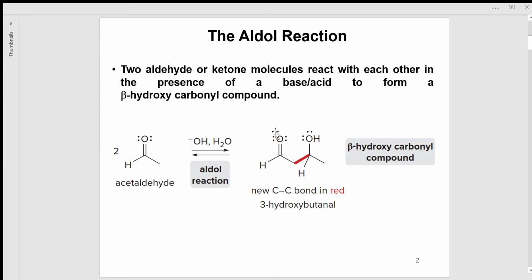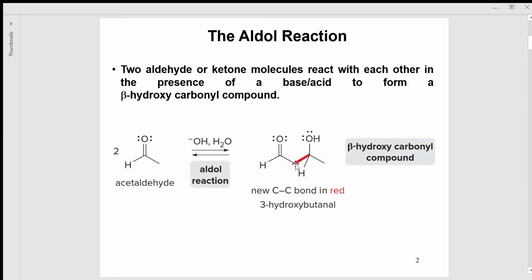This new molecule also has a carbonyl group plus the hydroxyl group here. This is called a beta hydroxyl group. Why is it called a beta hydroxyl group? Because we use the carbonyl, the functional group of the starting material and also of the condensation product, as the starting point.